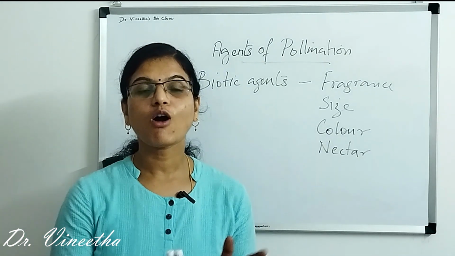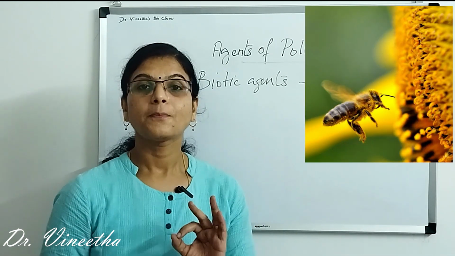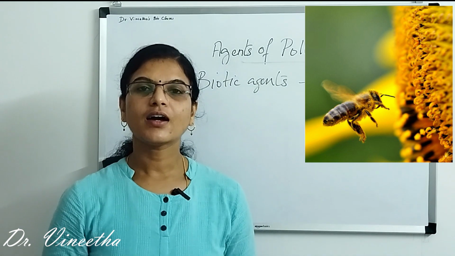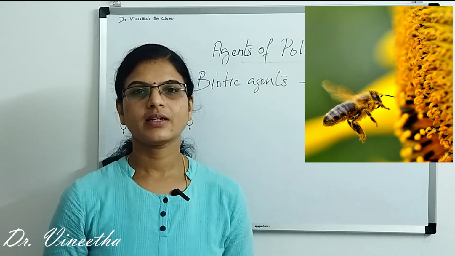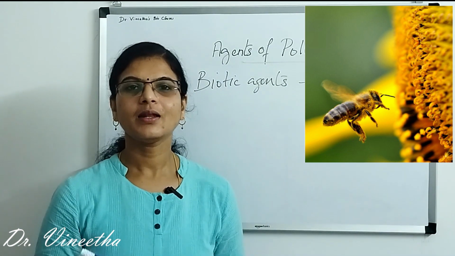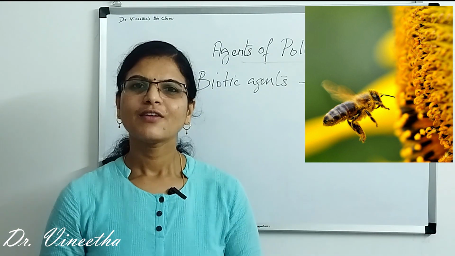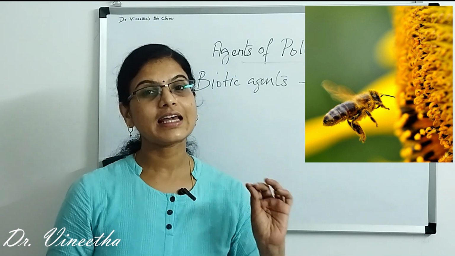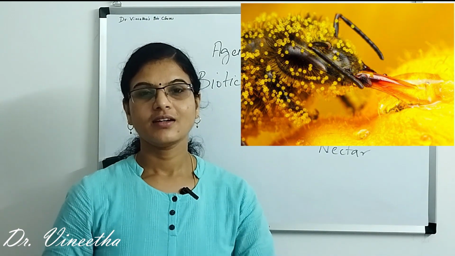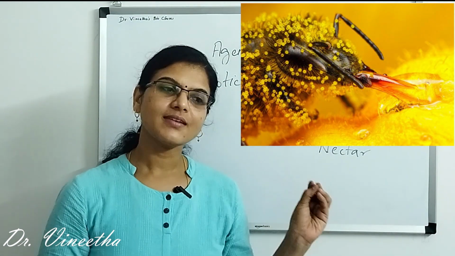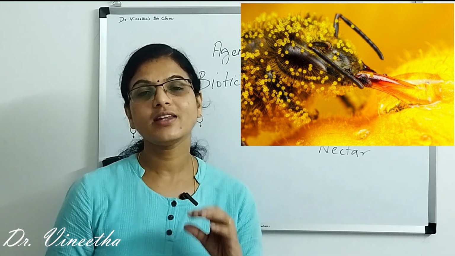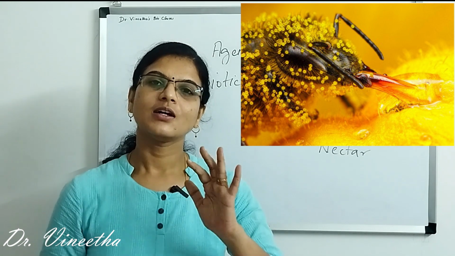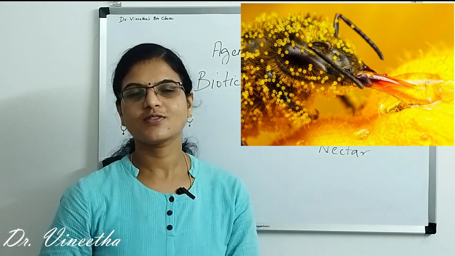And out of all these pollinating agents, bees are the one which pollinate the most. They are the most common agents of pollination in biotic agents. We know that the bees are attracted to flowers and they collect the nectar from it, right? So nectar as well as the pollen grains are actually the rewards that these flowers give to the bees or the biotic agents of pollination.